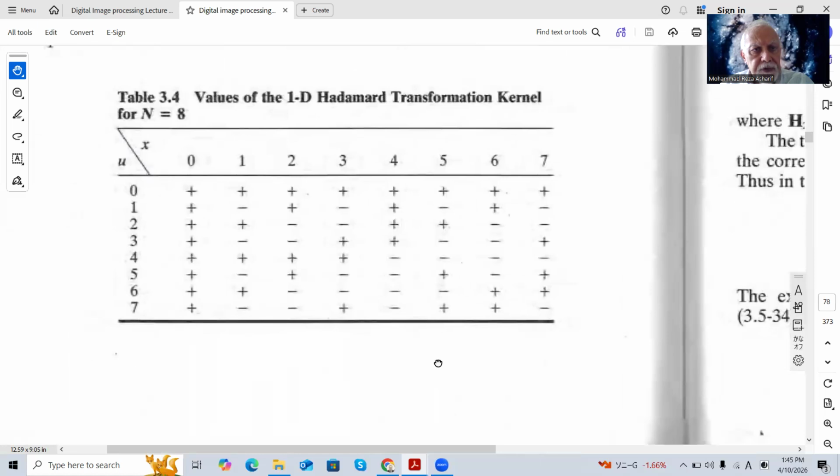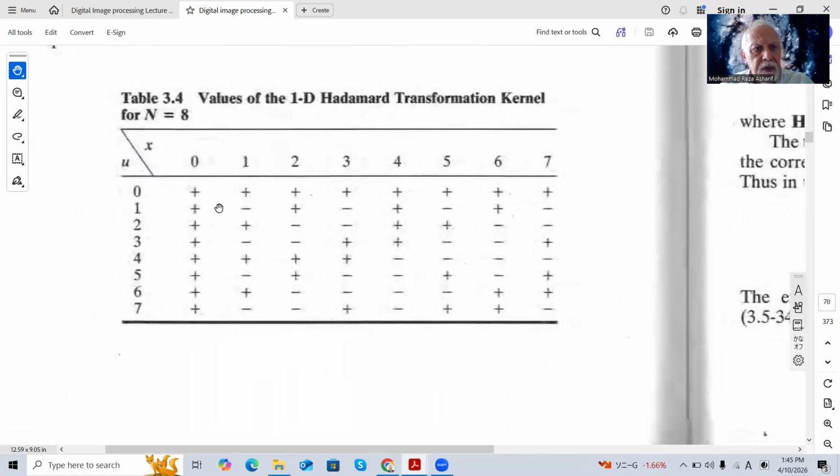multi-dimensional Hadamard transform, and the kernel for n equal 8 is shown here, x from 0 to 7, and the output u is from 0 to 7. As we see, the components of the kernel are all plus for u equal 0, x from 0 to 7. For u equal 1, it is the highest frequency, plus minus plus minus. So its highest frequency is in the second place, which is not in order.